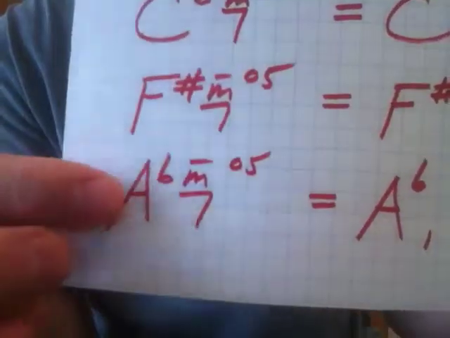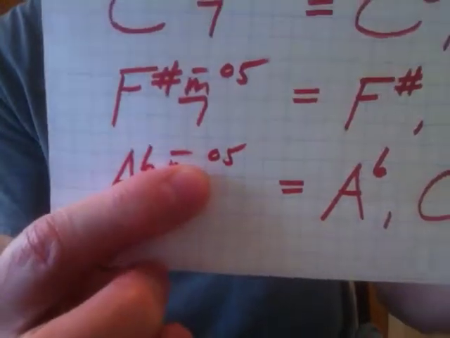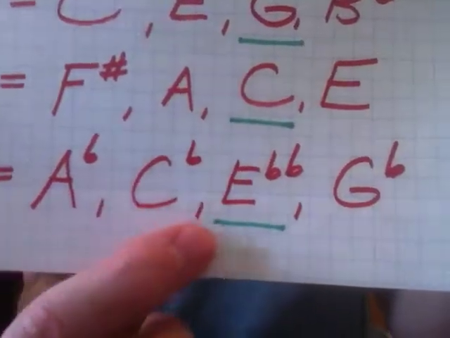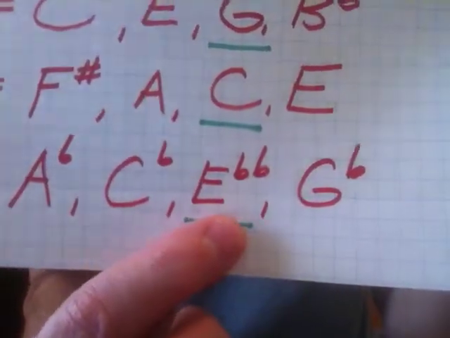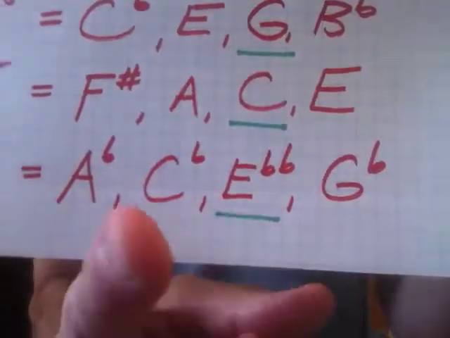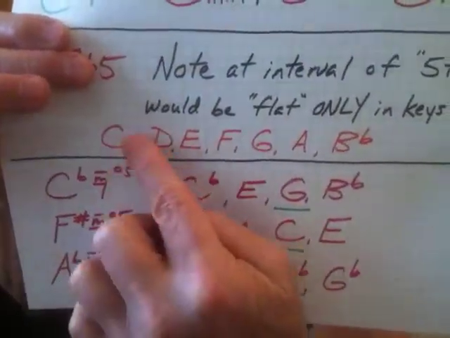And finally, as an example, A flat minor 7 with a diminished fifth. That's a proper chord. You would have the notes A flat, C, E double flat, G flat. You would not have E flat. You would not have a flat 5. You'll have flat 5 only in these keys.